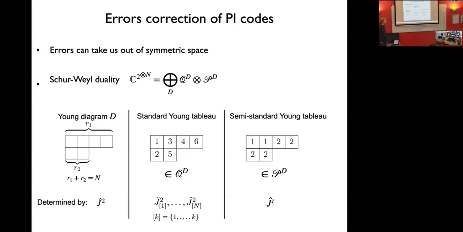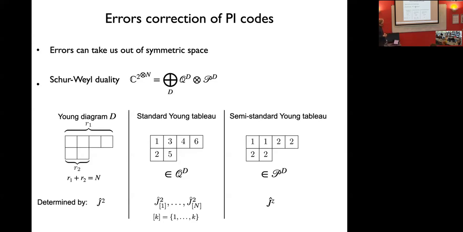So we need a way to characterize how those errors act and how we might be able to do correction. All right, well, since we're sort of motivated by the symmetry of the problem, then let's just analyze the action of errors in a similar representation.